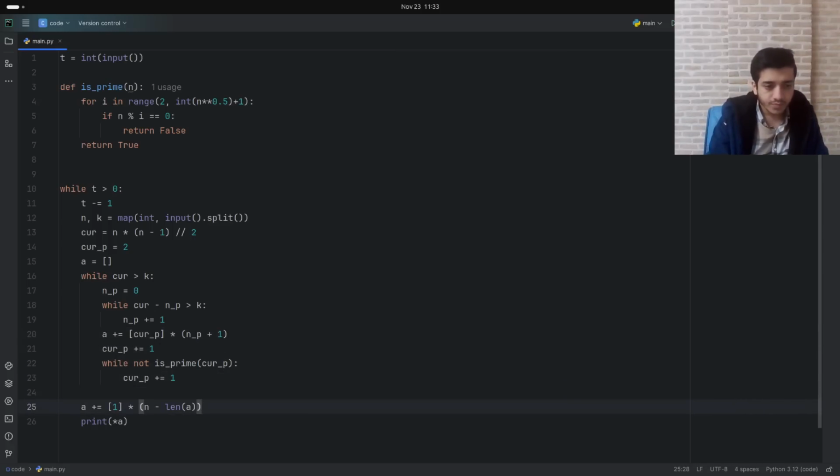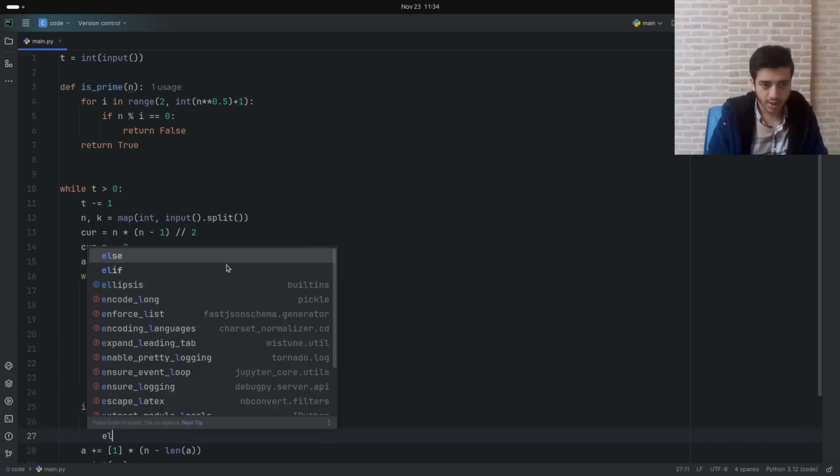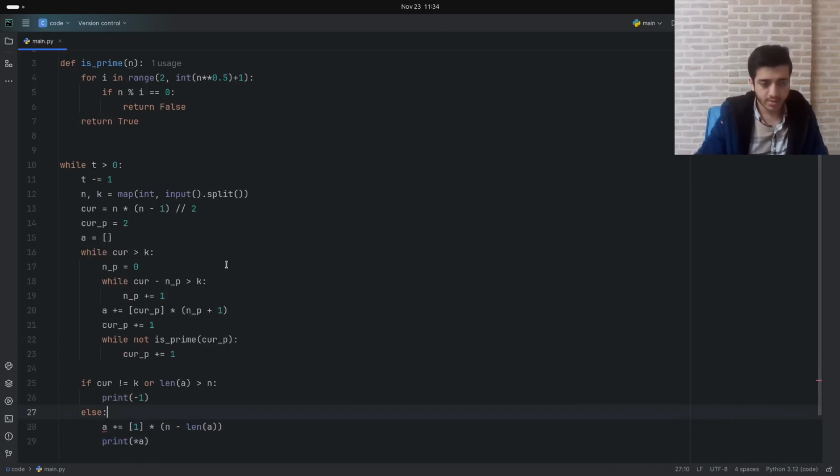Here, if n is, if car is not k, or length of a in exceeded n, print -1, else this.